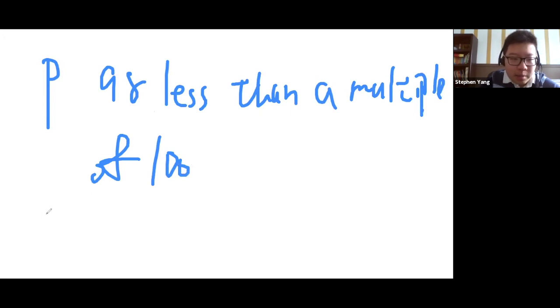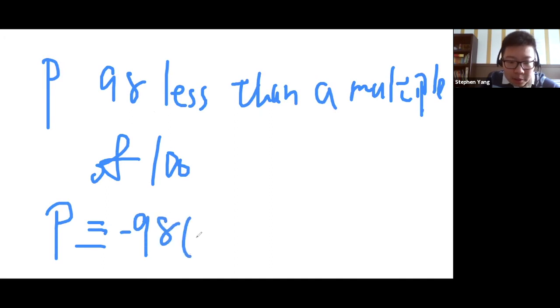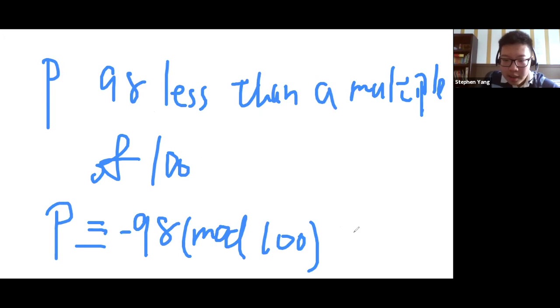This means p is congruent to negative 98 mod 100, which means p is congruent to 2 mod 100. In other words, p is 2 more than a multiple of 100.